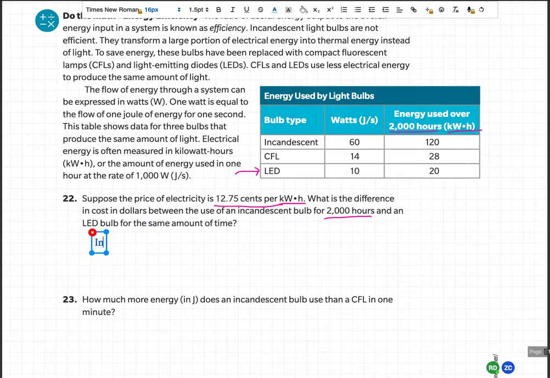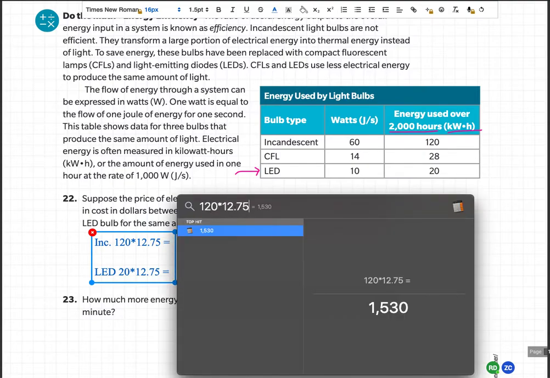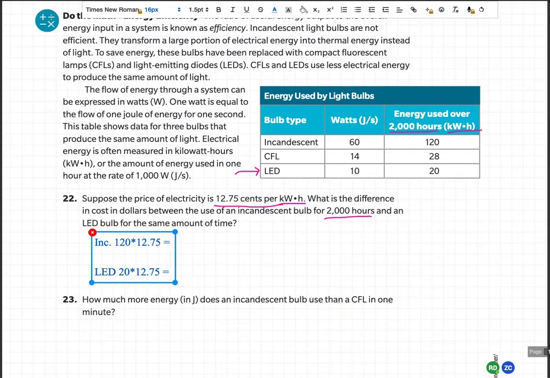So the incandescent bulb would be 120 times 1275. The LED bulb would be 20 times 1275. So let's see what those are. That's 1,530 dollars.